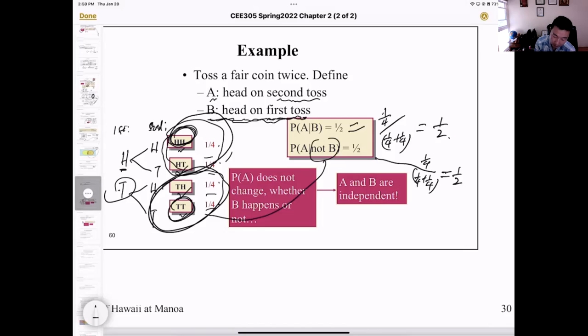So after calculation, we found out P(A) does not change whether B happens or not, because they all equal 50%. So these two events, A and B, are independent.